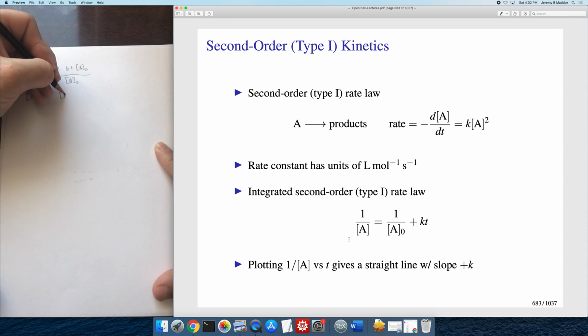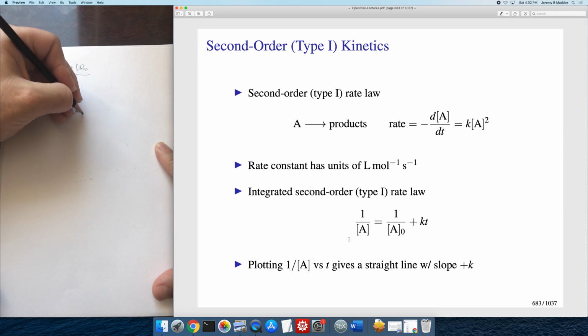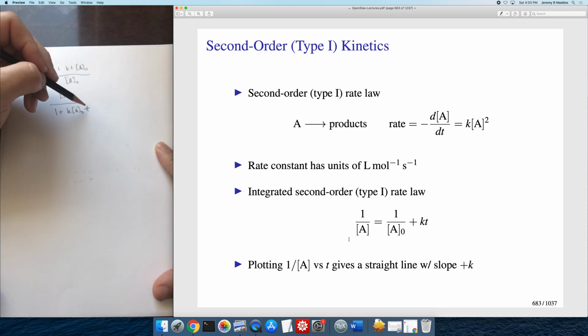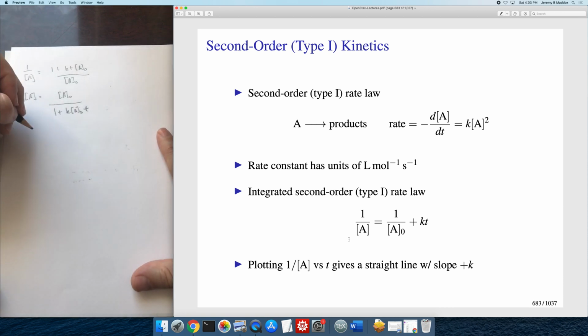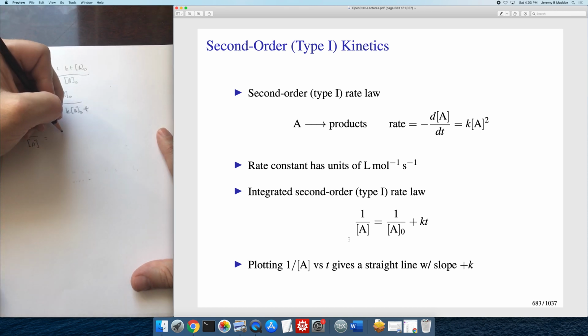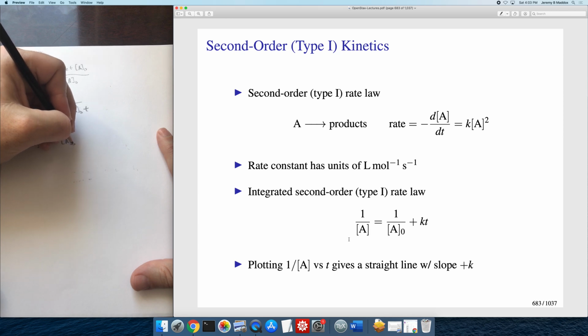If you want, not that you need to, I would prefer to put the k, then the A0, then the t, because that's the independent variable. So this is the concentration versus time function for second order kinetics. The equation we have written here is nice because it is in a linear form, as I'll illustrate next.